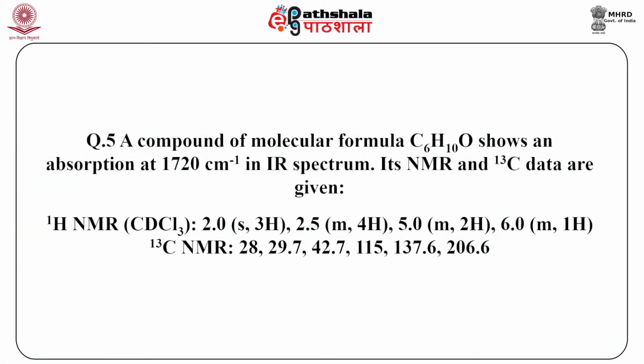Next question. A compound of molecular formula C6H10O shows an absorption at 1720 cm inverse in IR spectroscopy. Its proton NMR and carbon 13 data: proton NMR shows peaks at 2.0, a 3 proton singlet; 2.5, a 4 proton multiplet; 5.0, a 2 proton multiplet; and 6.0, a multiplet for 1 proton.